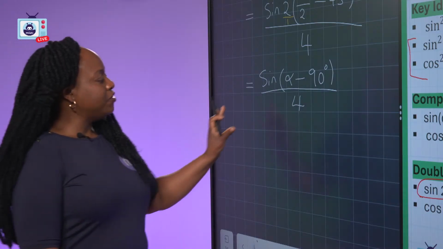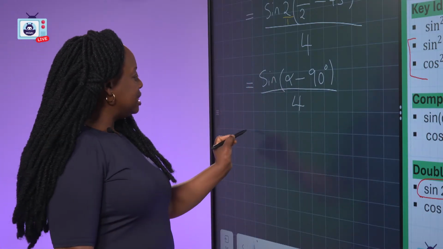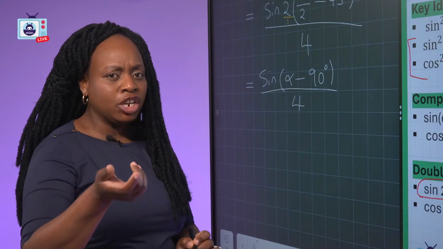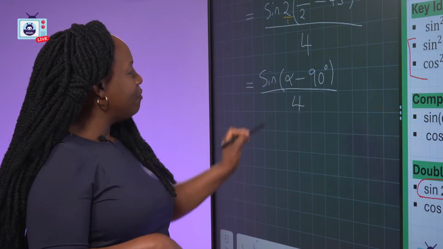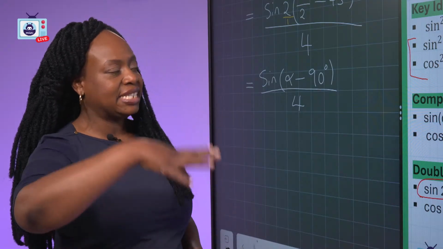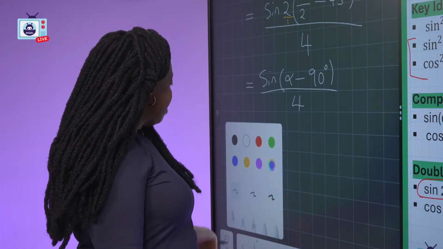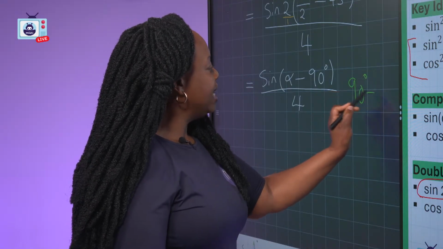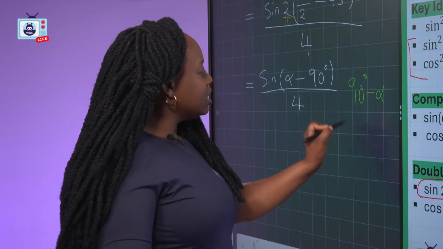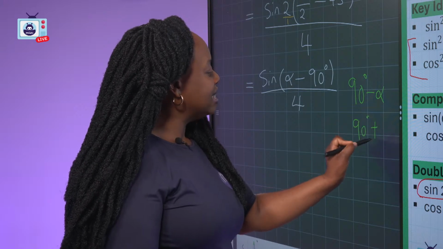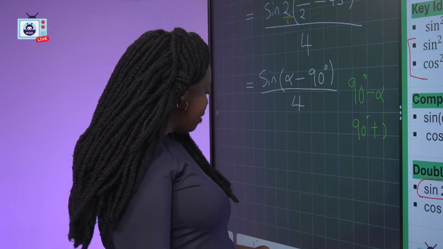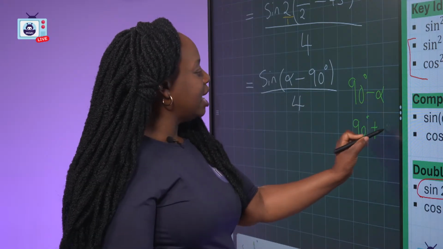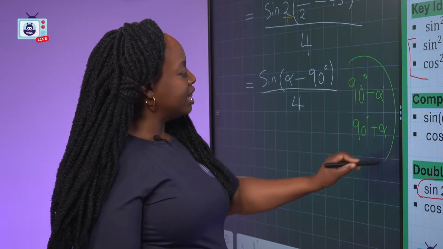After I have this, what I need to identify is, if you remember very well when we were doing the reduction formulas, we cannot have an angle minus the number, but we need to have it as, look at this, 90 minus alpha, or somehow 90 plus alpha. In other words, we need to have it as a number plus an angle that is just a variable, in this case alpha.